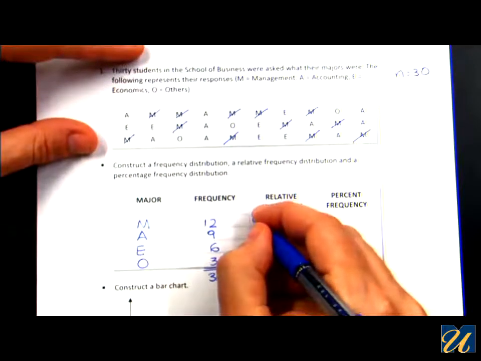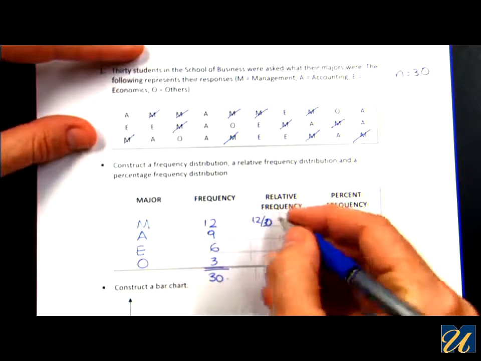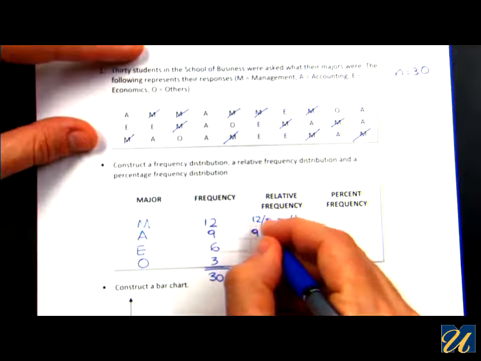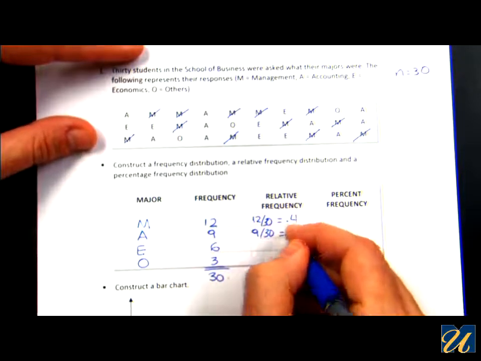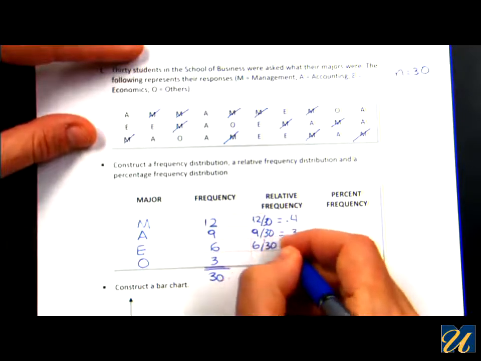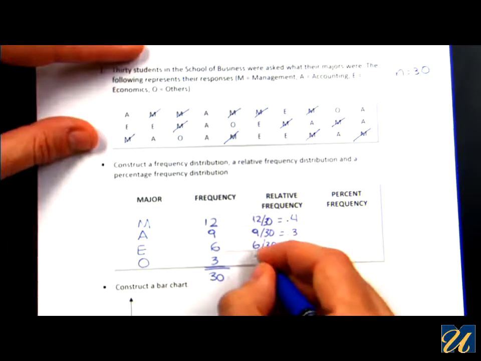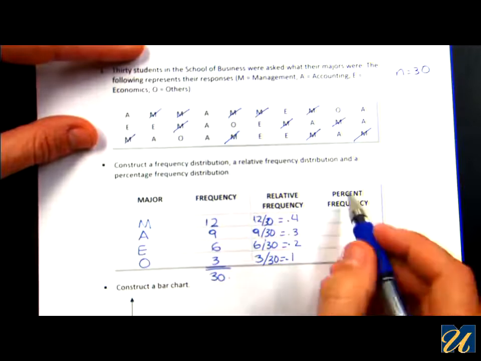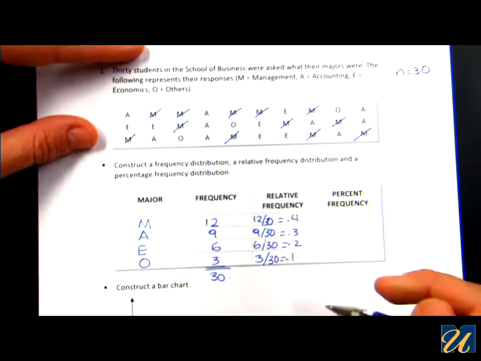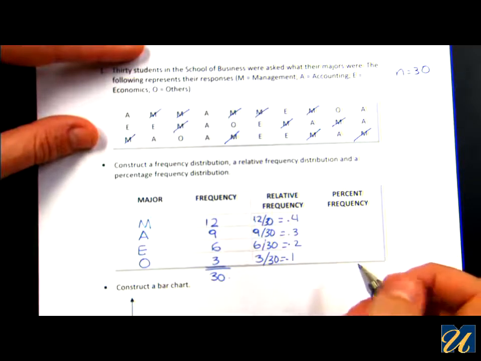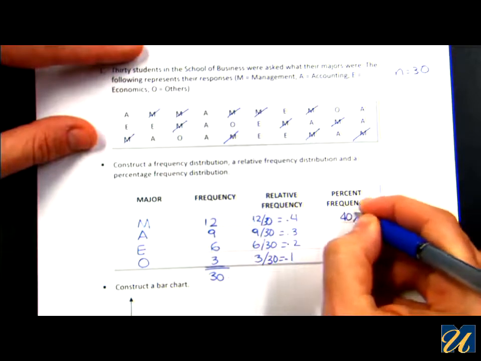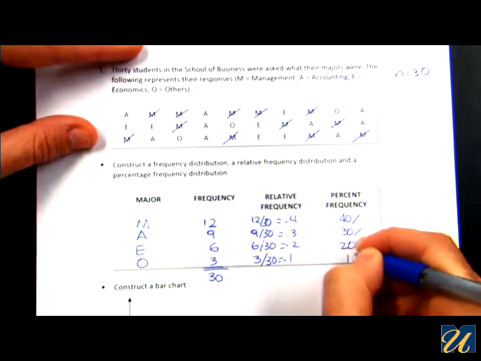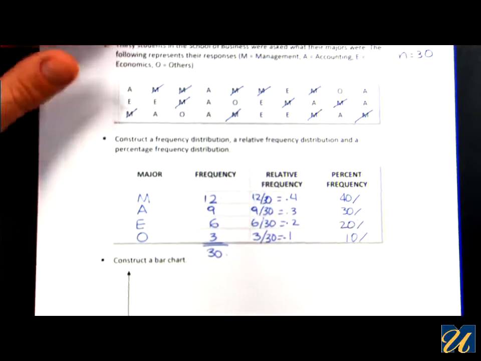For management, 12 divided by 30 will be equal to 0.4. 9 divided by 30, 0.3. 6 divided by 30, 0.2. 3 divided by 30, 0.1. Percent frequency is whatever you got on the relative frequency times 100%, that means 40%, 30%, 20%, and 10%.